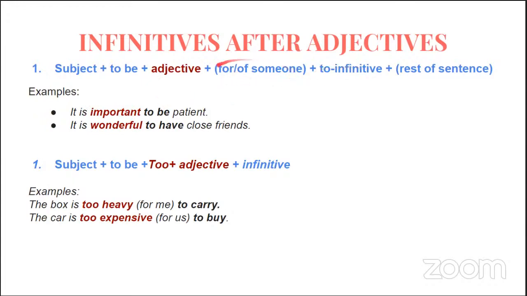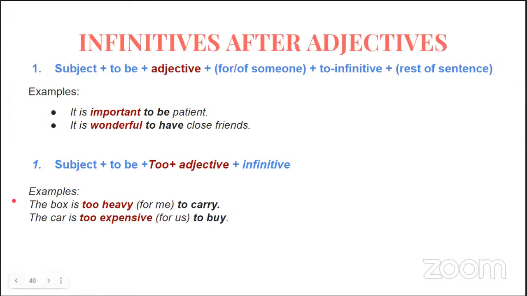You can also, as I said before, add for whom this action is important, okay, before the infinitive, if you want. If not, it's okay. Here is the other use: subject, followed by to be, too, the adjective, and the infinitive. Here we have two examples. The box is too heavy for me to carry.